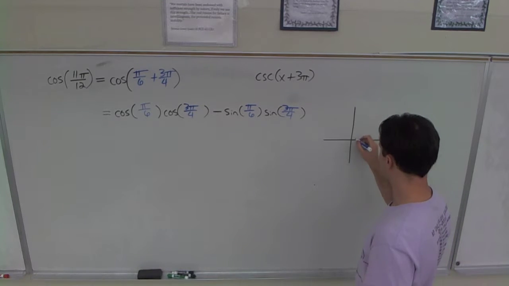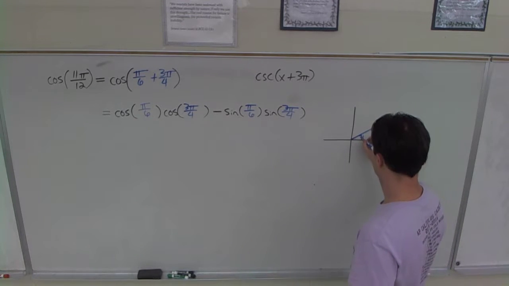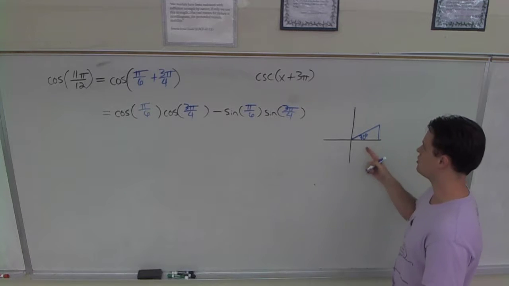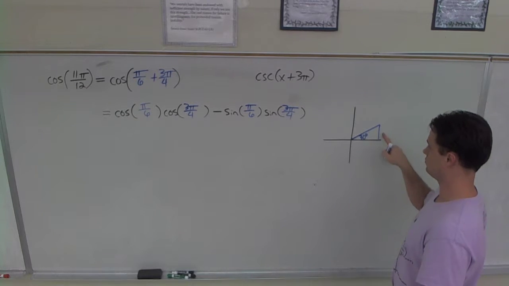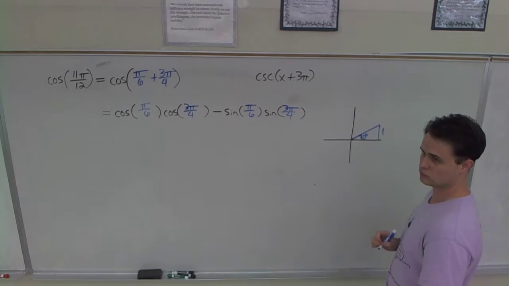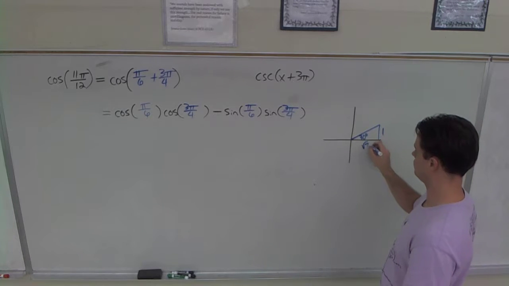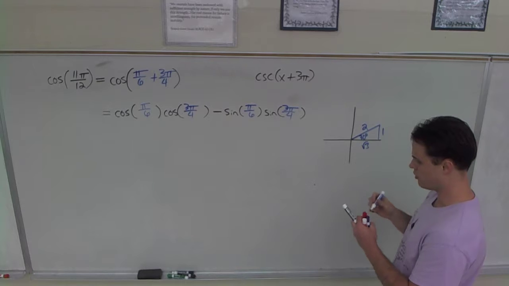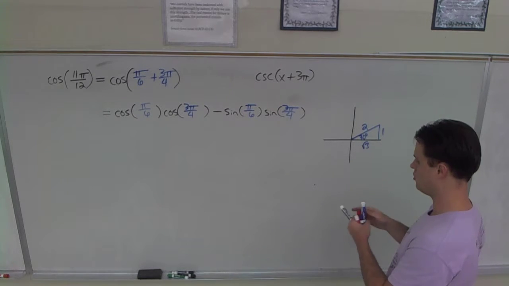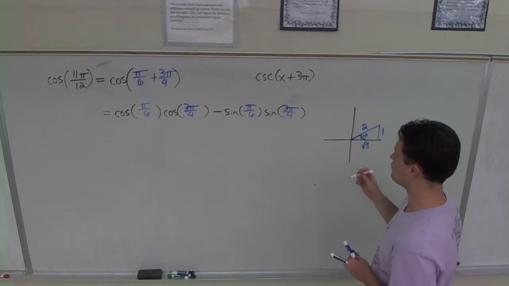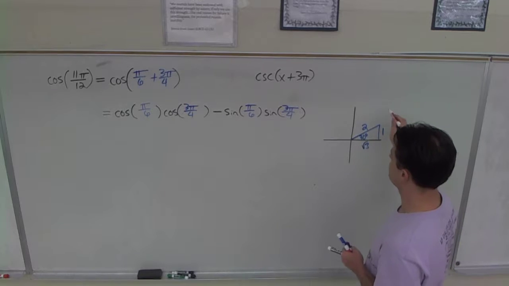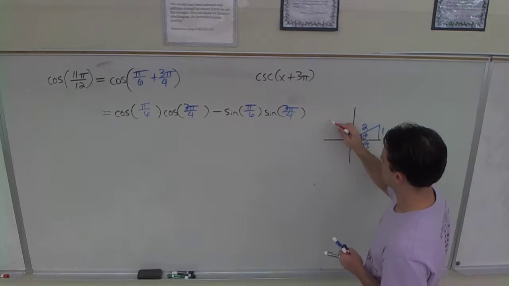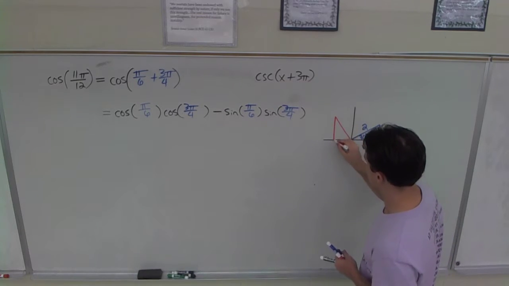So pi over 6 is 30 degrees. You guys help me. What are the sides? 1, straight across, opposite, that means 1. And then square root 3, and 2. Okay, and we need another one too. I'm just going to put it in the same triangle. We need 3 pi over 4. Where's that? It's like 3/4 of the way around.